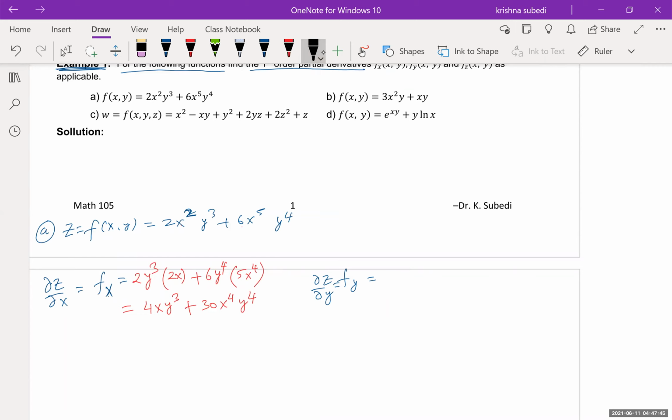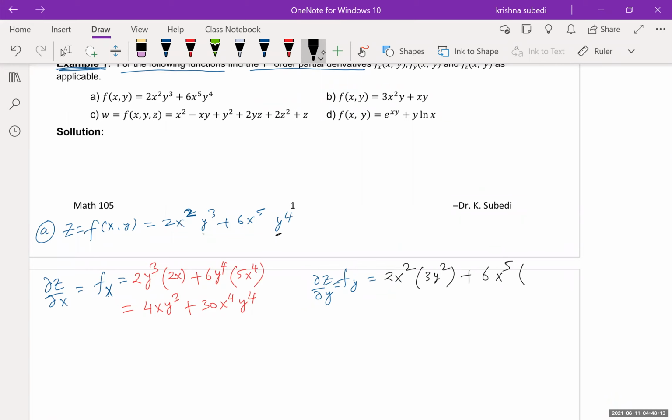Delta z over delta y, represented by f sub y. What it means is we treat y as the variable and x as constant. So let me just copy the constant terms. 2x squared is constant with respect to y. So y cubed, the derivative of y cubed is 3y squared, right? Plus 6 is constant, x to the power 5 is also constant.